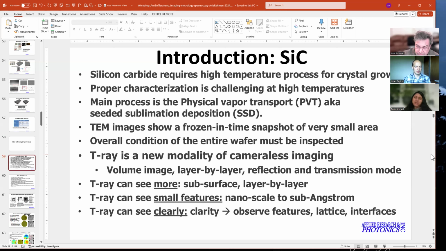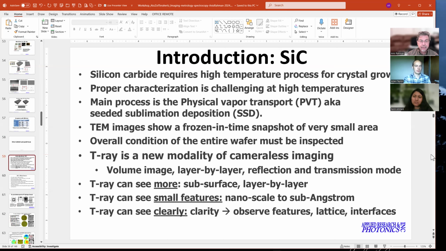But then there are situations where we need high voltage and high temperature operation. And that's where silicon carbide comes in. Silicon carbide is a wide bandgap semiconductor. That's why it can tolerate higher voltage and higher temperature. But growing silicon carbide is a big challenge.